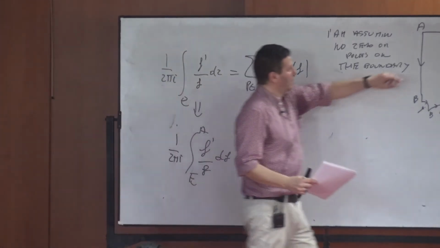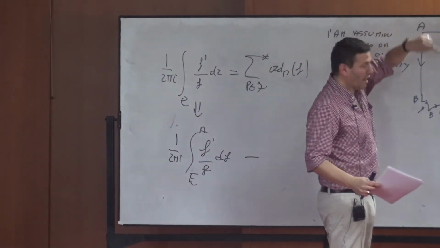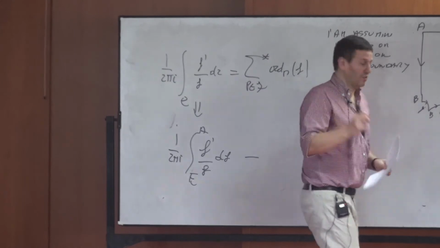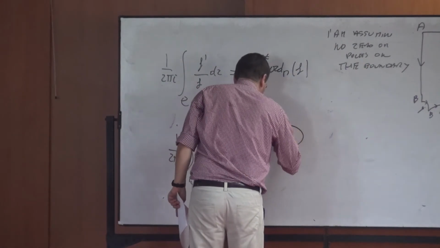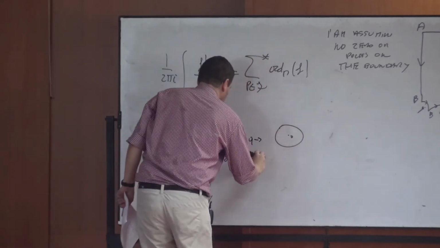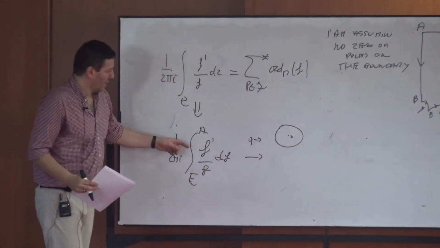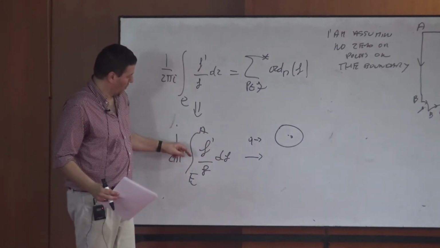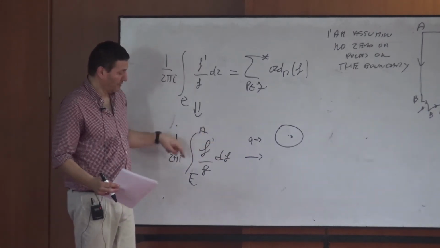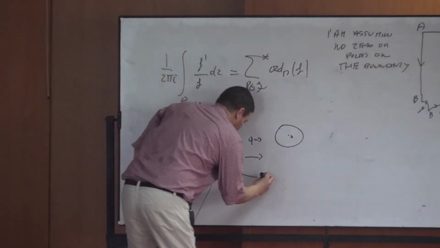This here is just a circle around 0. So if we move to the q variable, this is just a circle around 0. So the integral by the residue theorem just gives you the order of f at infinity.